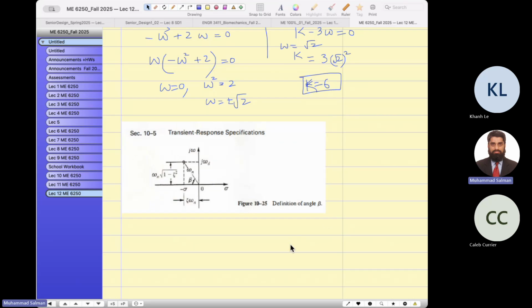The real axis is actually zeta omega n. So if I have a location over here, the coordinate of this location is negative zeta omega n plus j omega d.